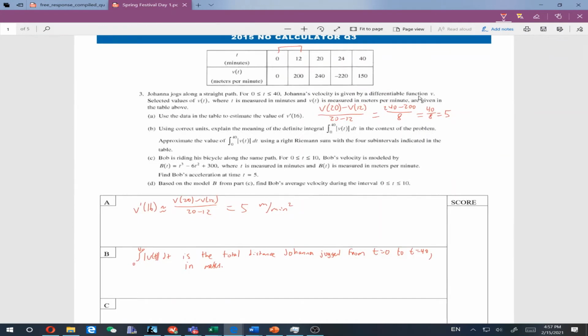So the integral from 0 to 40 of the absolute value of v(t) dt is roughly equal to... You said 12 times 200? Okay. What's next?